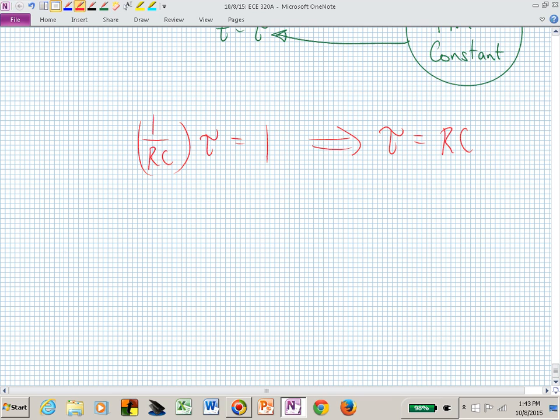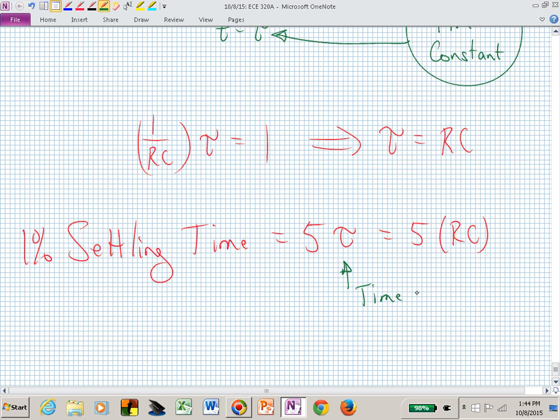So now, in terms of our settling time, I may not even put that 1% as an adjective in front of it. I may just say my settling time is now 5 tau. In this case, that's 5 times RC, where this is our time constant. And this is our settling time, and we might call that T sub S.